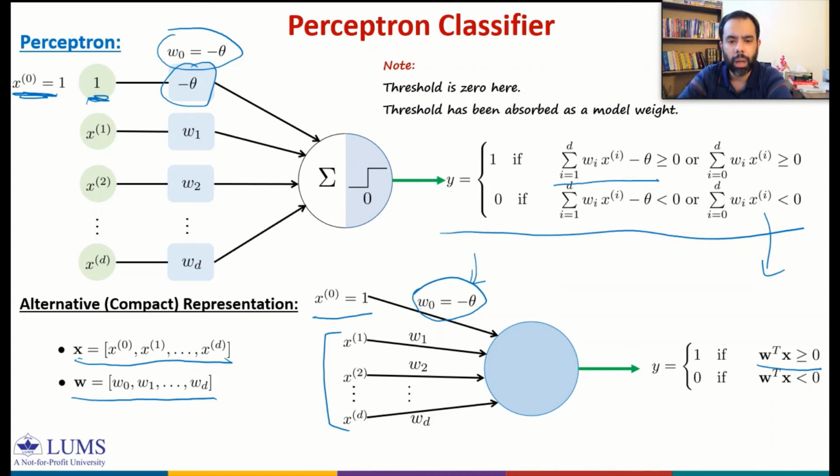How do you interpret this? If the weighted sum of the inputs is greater than some threshold, the output is 1. If the weighted sum of inputs is less than the threshold, the output is 0. Right? Or we can say we have a linear decision boundary that is separating the two classes 1 and 0.